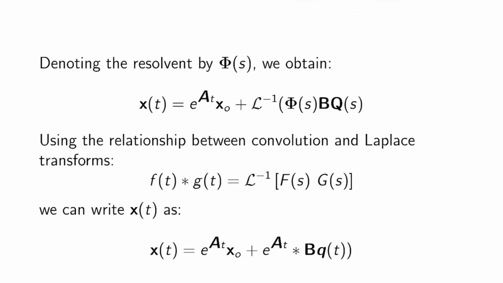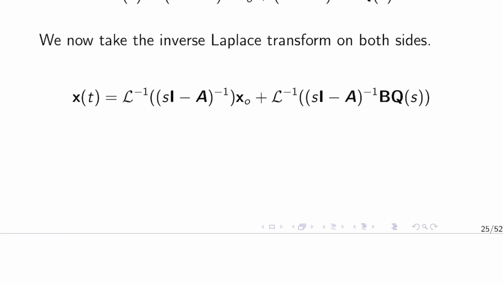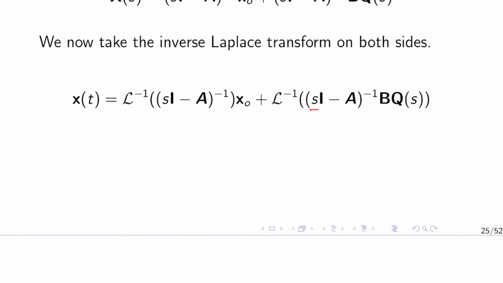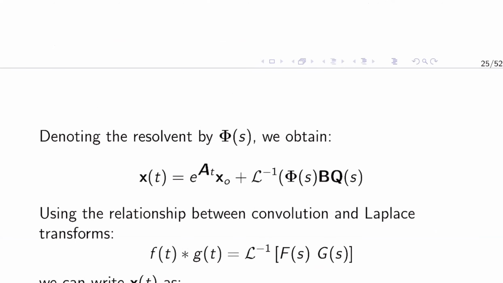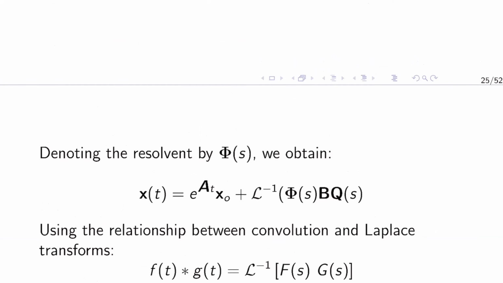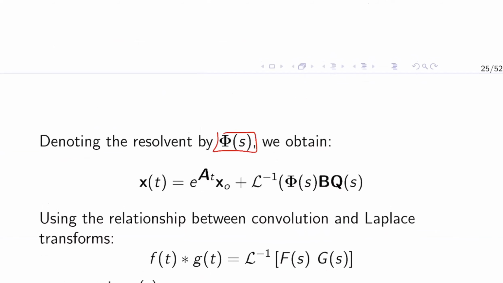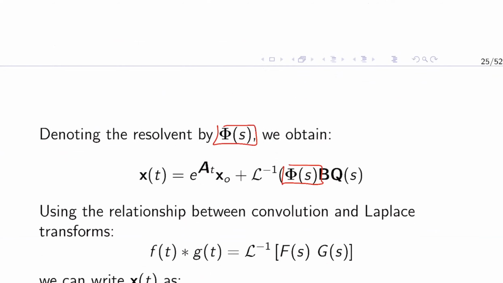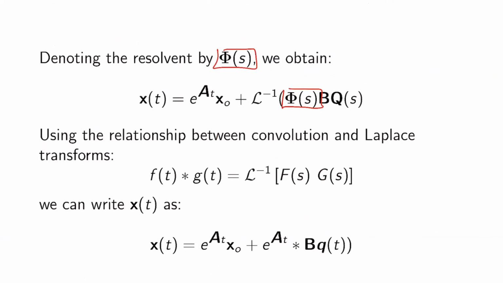All right. So what I'm going to do is take this, and I'm going to denote the resolvent by this. So I'm just going to put that there. And you'll notice now I've effectively got two transforms.